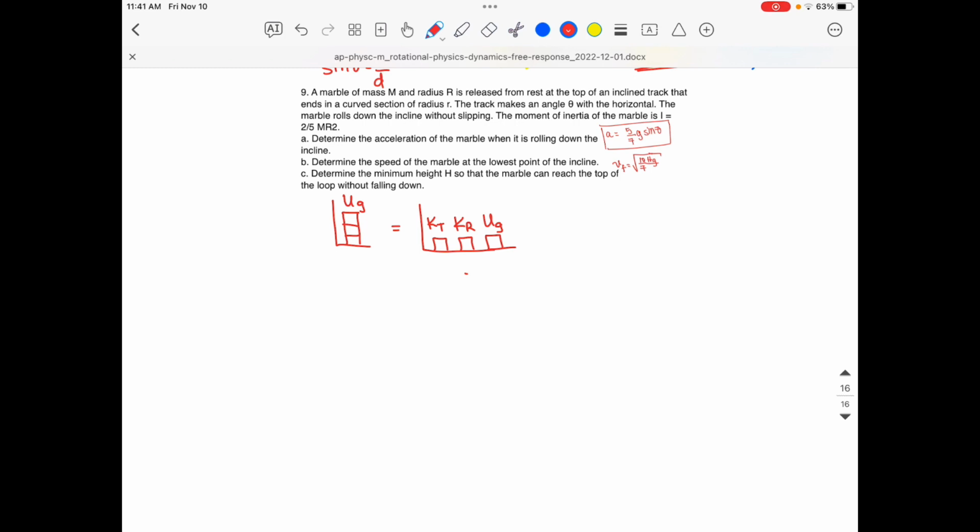So what we need to figure out is the height at which we need to launch it. So this is going to be mgh is equal to 1/2 mv squared plus 1/2 I omega squared, which I'm going to make v squared over r squared, plus mg, and then the height of the loop is 2r.